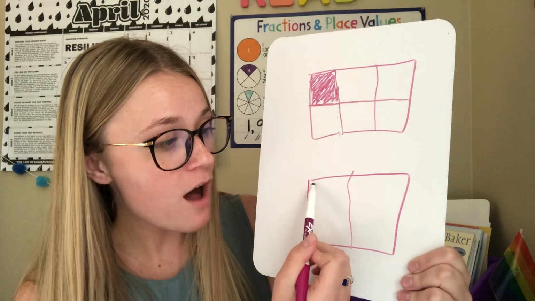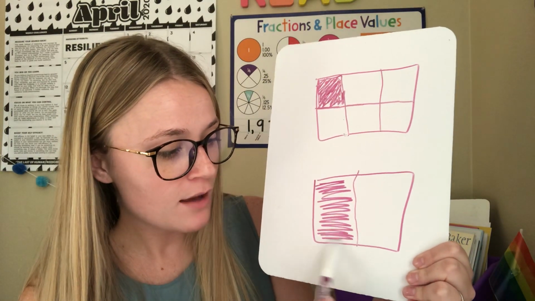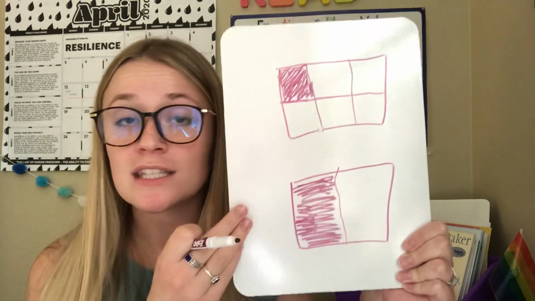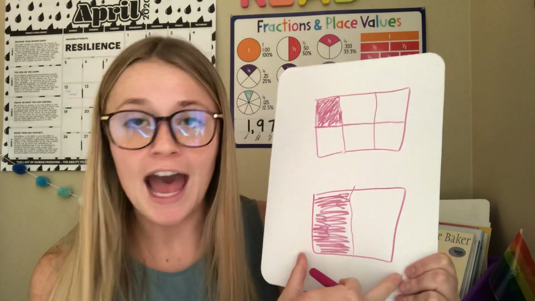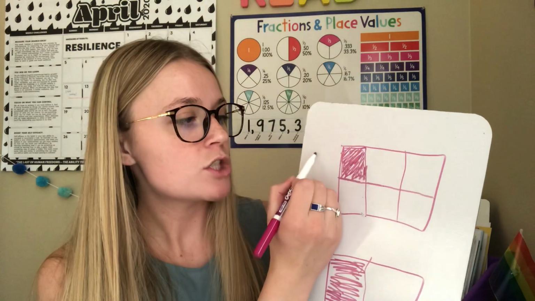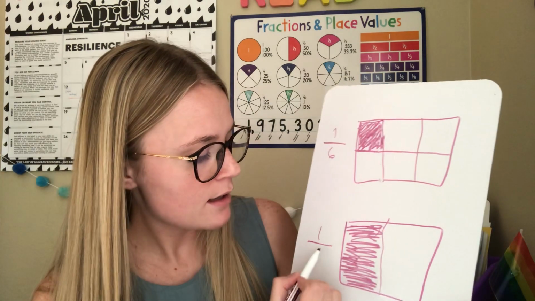Whoa, now all of a sudden I have a huge section of brownies. It was the same pan, I just divided it in half instead of dividing it into sixths, which is crazy.